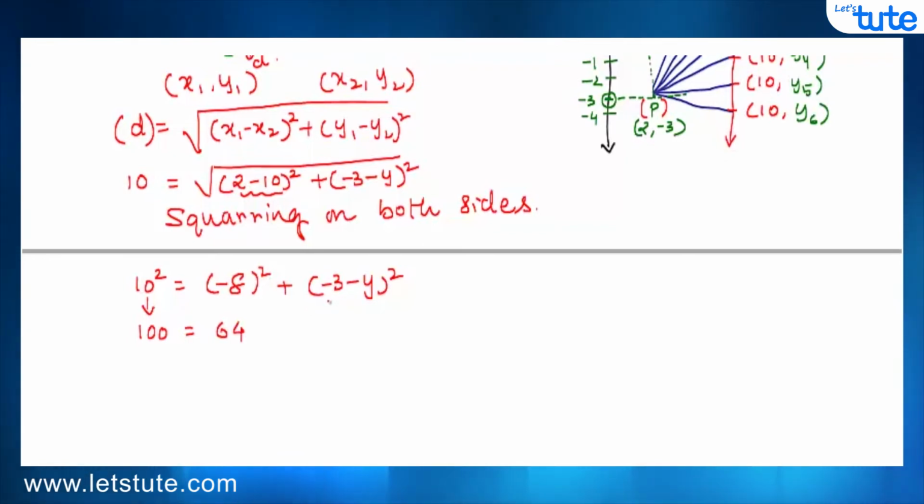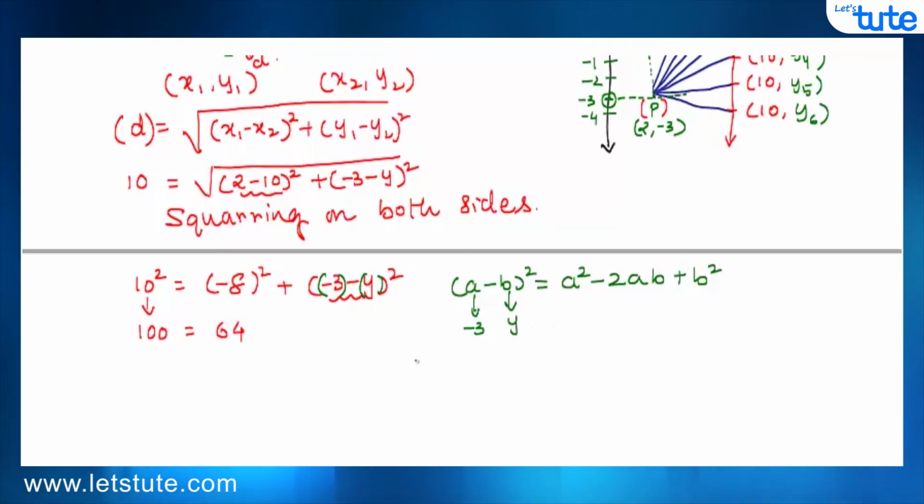But we can't solve this because we have an unknown value. So we have to apply the (a minus b) whole squared formula. So what is the (a minus b) whole squared formula? (a minus b) whole squared says a squared minus 2ab plus b squared. So for the time being, we can say that our a is negative 3 from here and b is y.